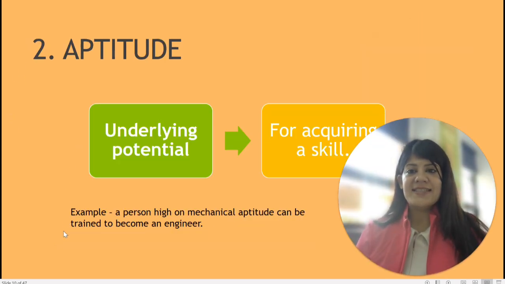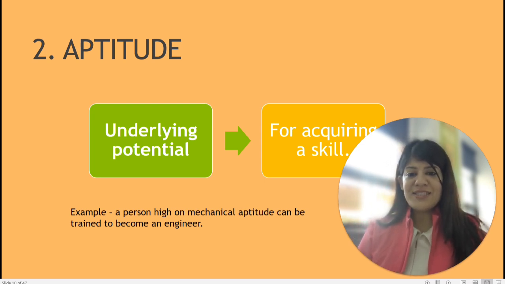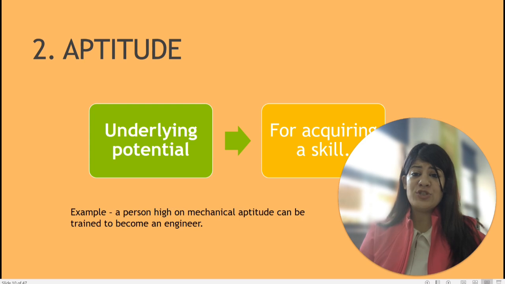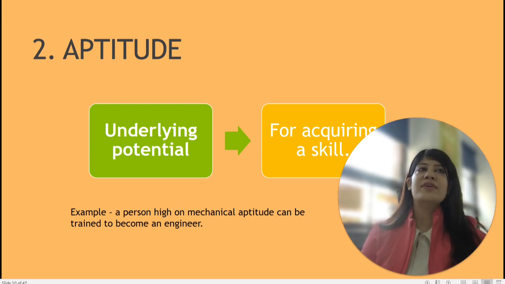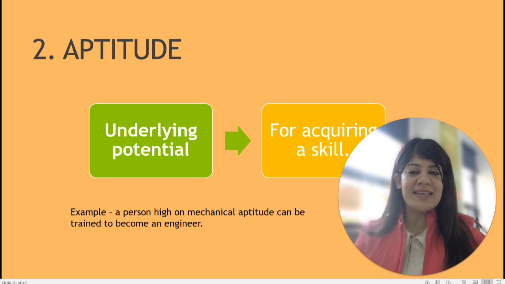So the next keyword we'll look at is aptitude. What is aptitude? Do you remember taking a test when you were coming from grade 10 to grade 11, which helped determine whether you should choose science as your mainstream or maybe commerce or humanities? That test was basically mapping your underlying potential. All of us are born with some potentials.